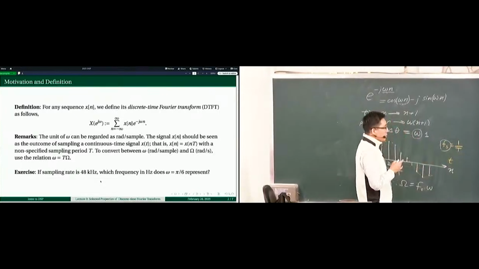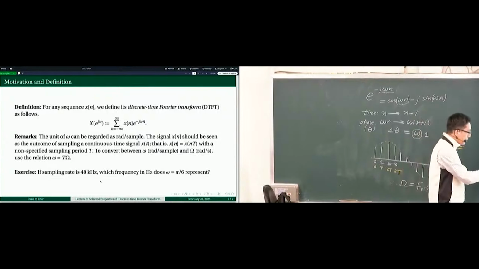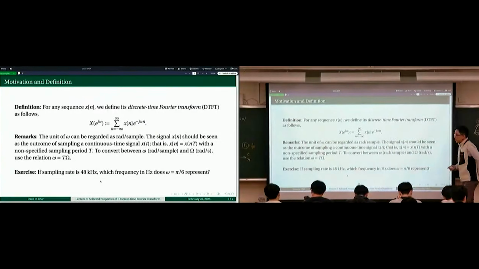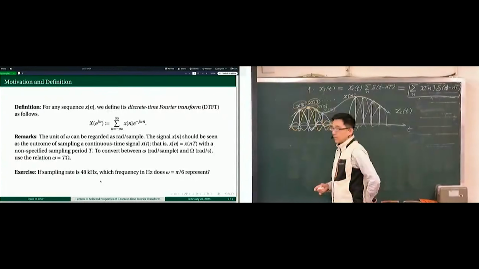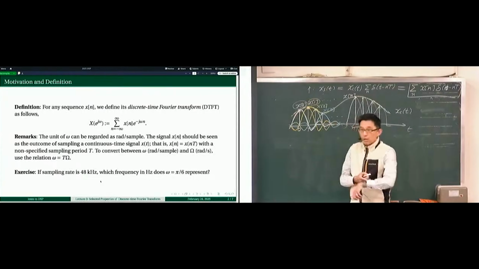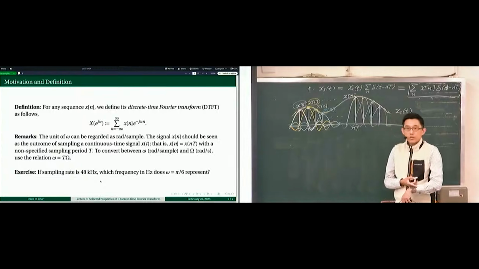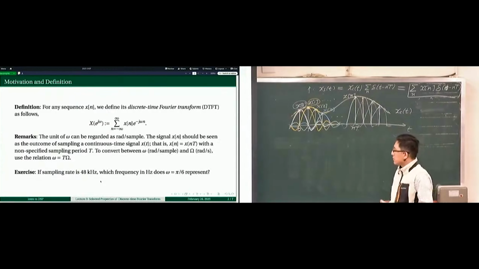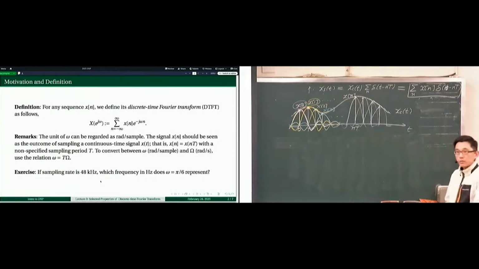You'll get used to it. Using this relation, between small omega and big omega, there's a factor of sampling period or sampling rate. Okay, 30 more seconds, and then we'll check our answer. Okay, almost there. 10 more seconds. Okay, so then we work on the answer.